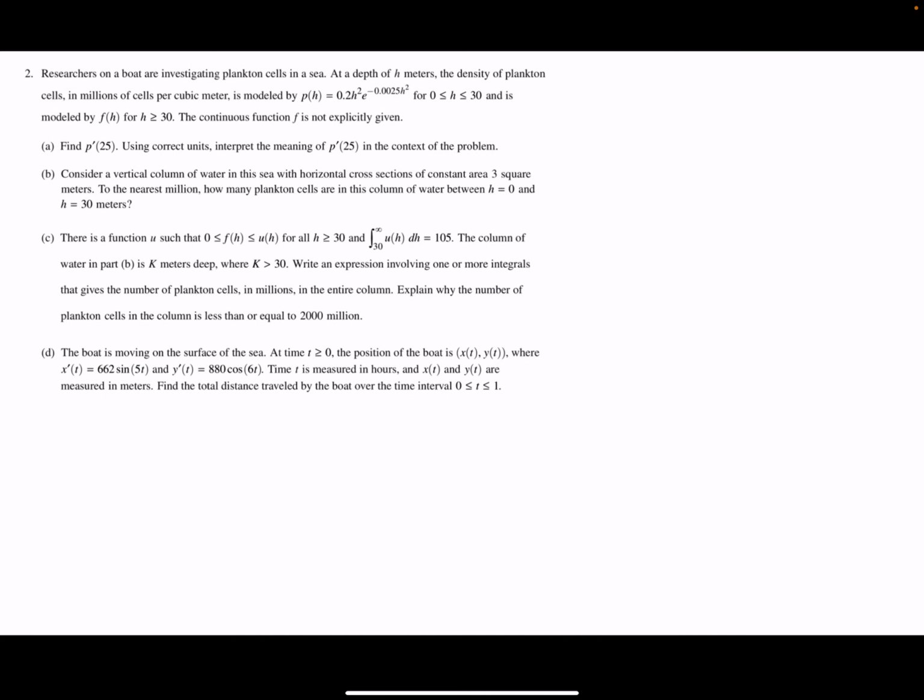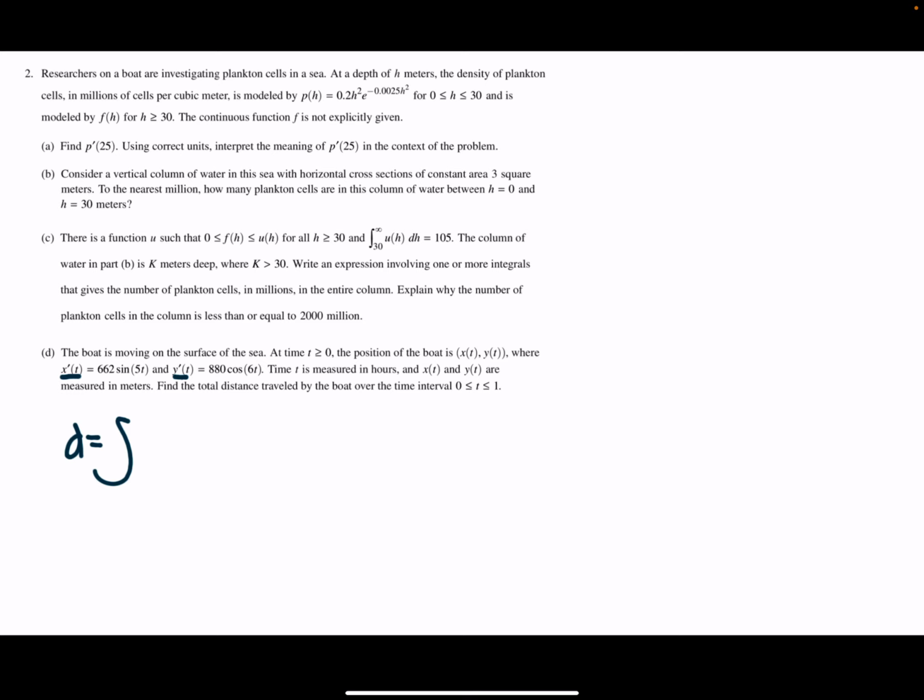D completely leaves the whole concept of all the plankton. You've got a boat on the surface. We want total distance traveled. We're given our rates of change as a vector, where we have x prime of t and y prime of t. So my total distance traveled is going to be the integral, the arc length formula from parametrics.